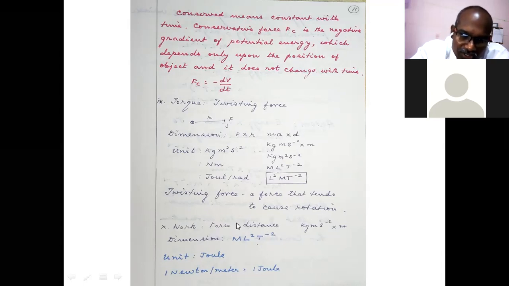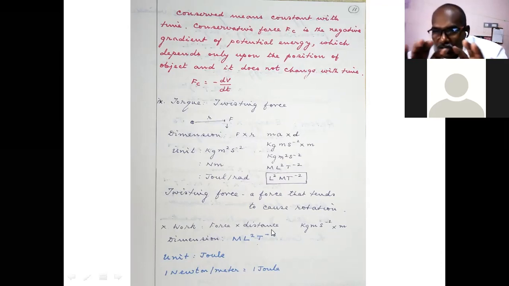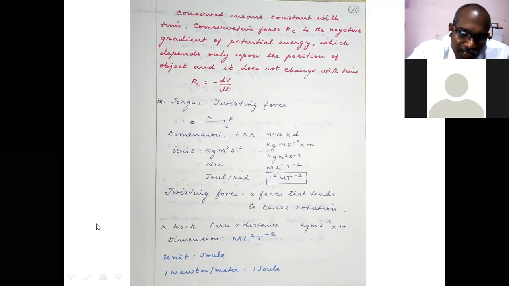So here the force into distance, and here is also force into distance, but this distance is the radius. Force is acting in this direction. This is the radius. But this distance is something like pushing a stone. Suppose a big stone is there. You want to push the stone, and what is the force given on the stone, and what is the distance it has moved? That is called the work done.